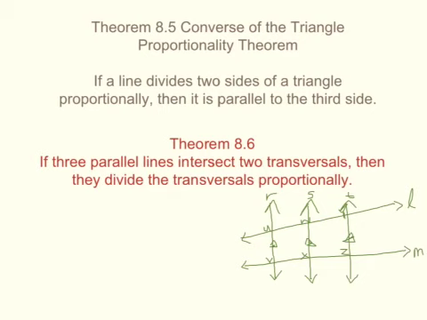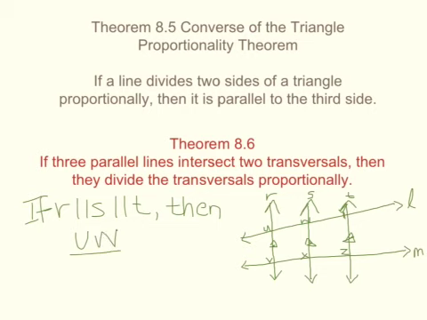So since R is parallel to S, which is also parallel to T, which is true in this case because they've got the arrows on those lines, then that means that UW over VX is proportional to WY over ZX.